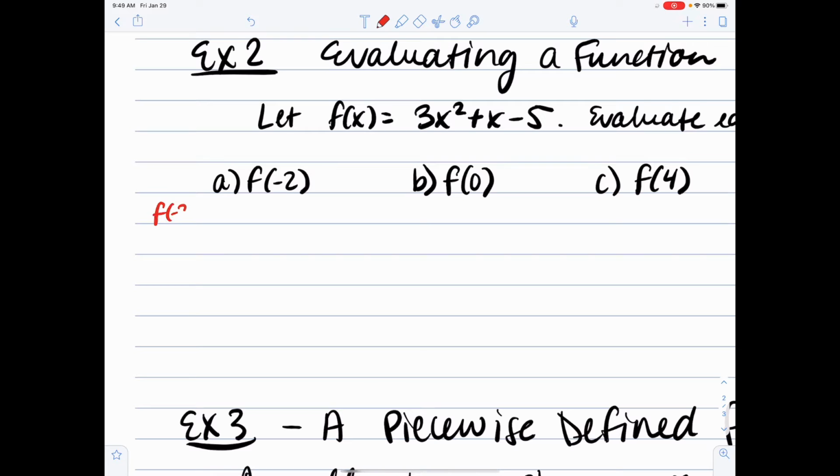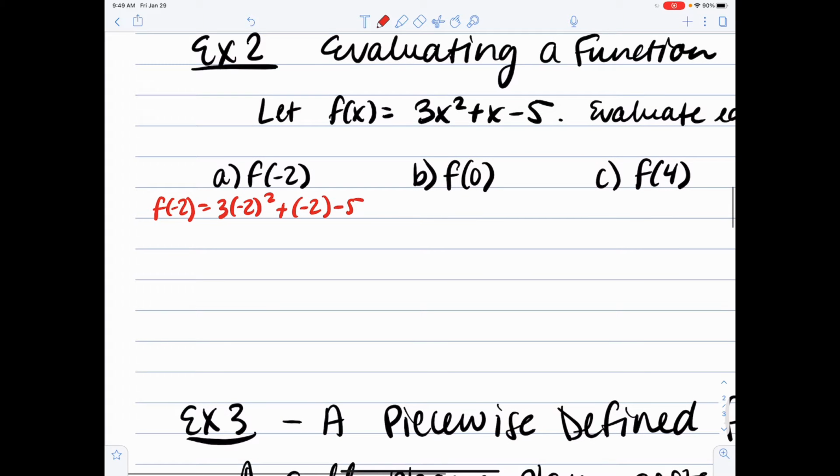F of negative 2 equals 3 when you plug in negative 2 and square it, but then add negative 2 minus 5. So we just got to remember our negatives there. That's going to be 4 times 3, which is positive 12, minus 2 minus 5. So f at negative 2 equals 5.